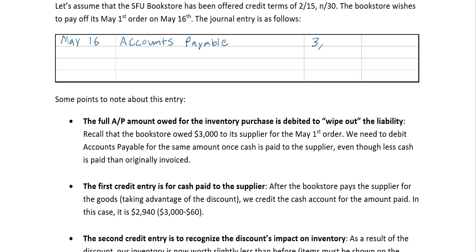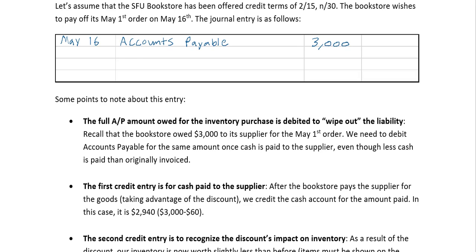So we had a credit of $3,000 when we made this purchase, and now we debit that same account for $3,000 to completely eliminate the liability.